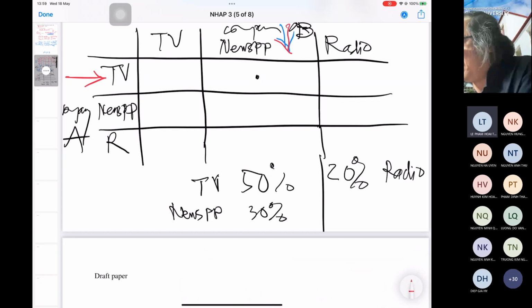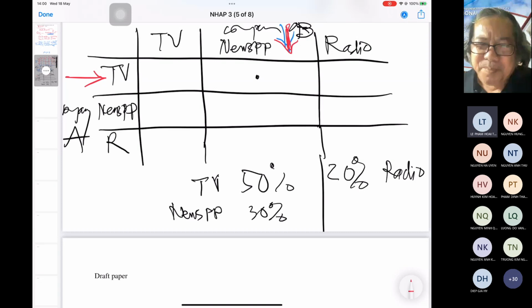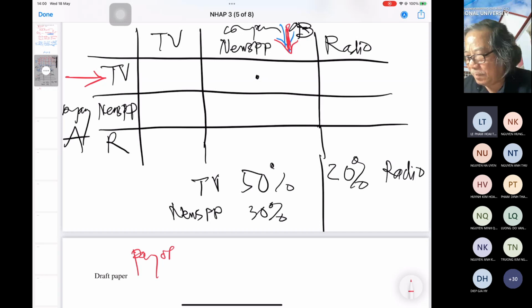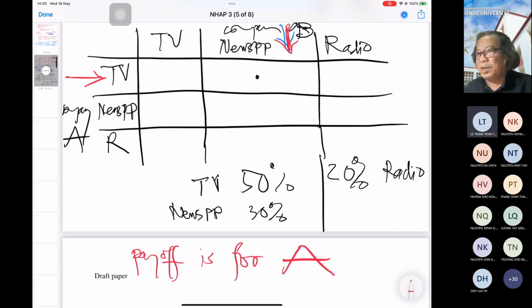So what number here? Suppose that we make the payoff for A. So in this case, A gets 50% and B gets 30%.